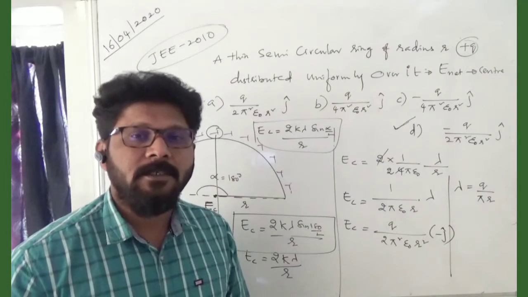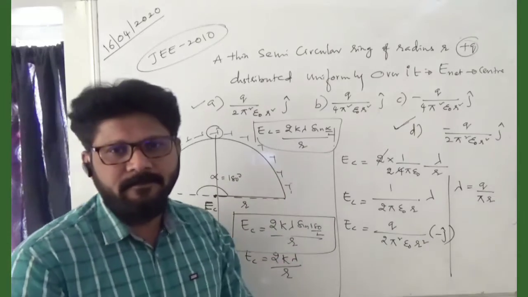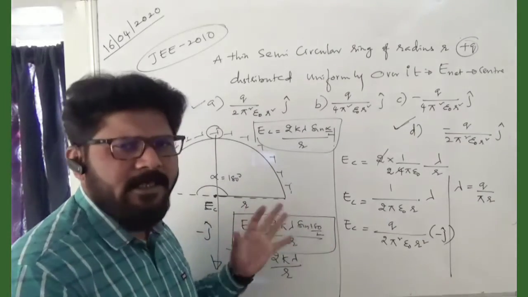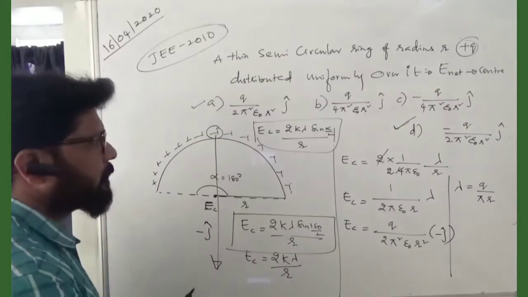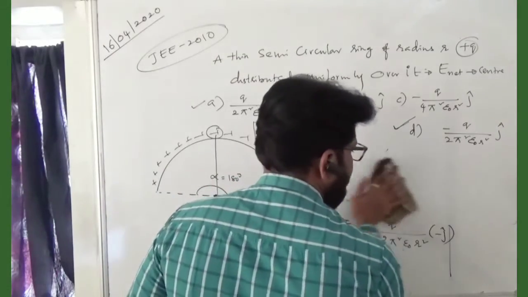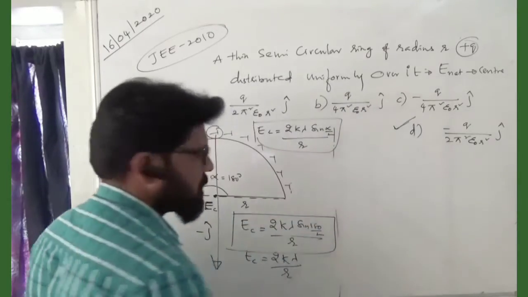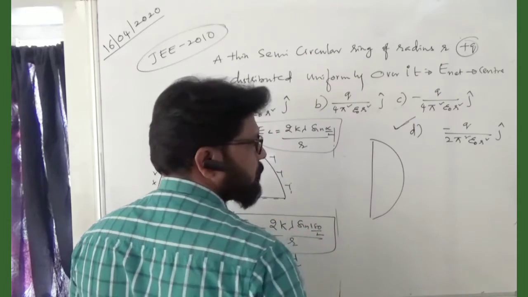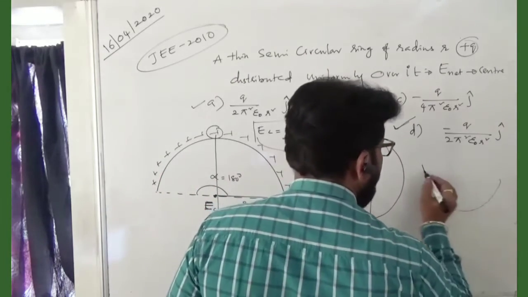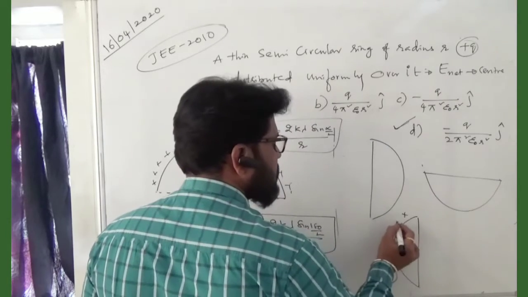How can that be, sir? Okay. He has not mentioned how it is placed. It can be placed in any direction. Let us see. If I take it like this, I may place this one like this also. One more option like this.